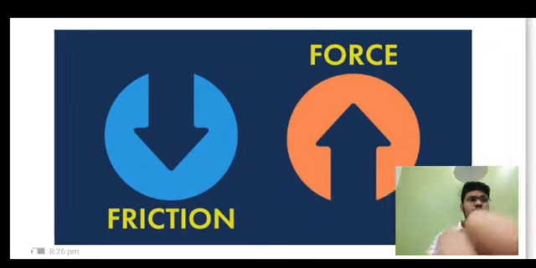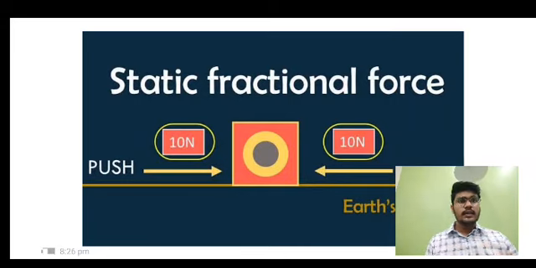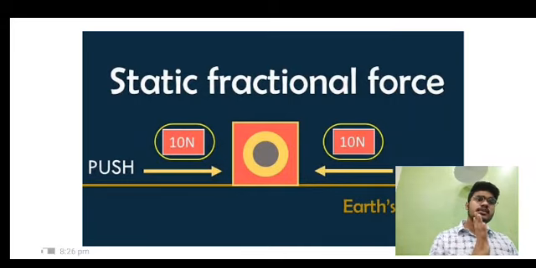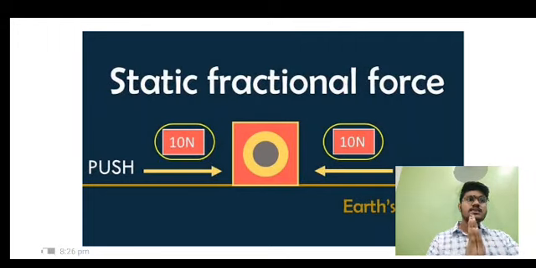Okay, so you can see here he is pushing with 10 newton in this direction. The friction also pushes the same block in the opposite direction. As you know, what is net force? The net sum of two different forces along with direction.